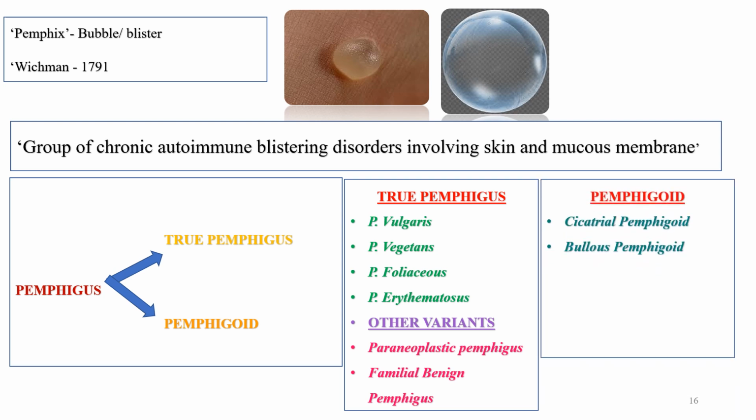There are four variants of pemphigus: pemphigus vulgaris, pemphigus vegetans, foliaceus and erythematosus. Other variants are paraneoplastic pemphigus and familial benign pemphigus or Hailey-Hailey disease. Coming to the subepithelial blister formation or pemphigoid lesions, we have cicatricial pemphigoid and bullous pemphigoid.